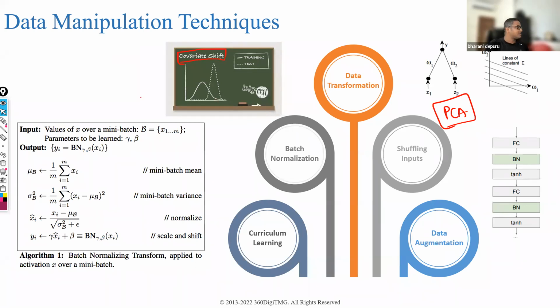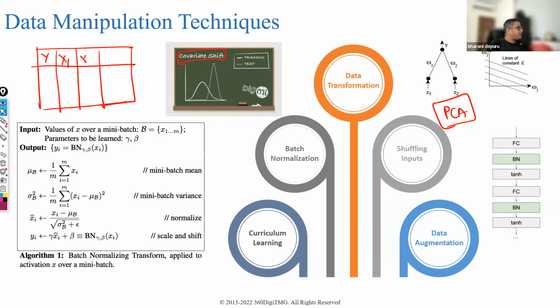Covariate shift means, say, if you have an output variable, which is salary, you're predicting salary of people who undergo data science training. You're looking at their years of experience, graduation, and say some other gender maybe, and then you're trying to figure out what will be the salary.